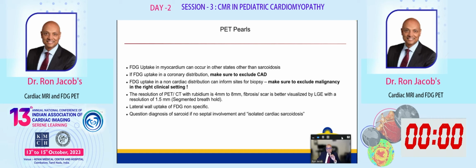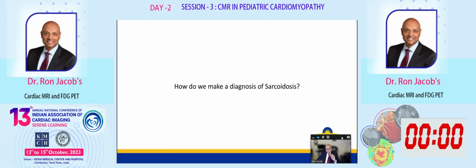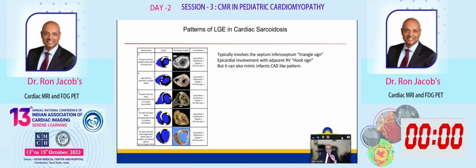Lateral wall FDG is non-specific and I'm not certain why this happens, but it's a well-observed phenomenon that you see sometimes. It may relate to wall stress. Always, if you have isolated cardiac sarcoidosis with no other involvement, just be thoughtful and look back and make sure you're not missing something else.